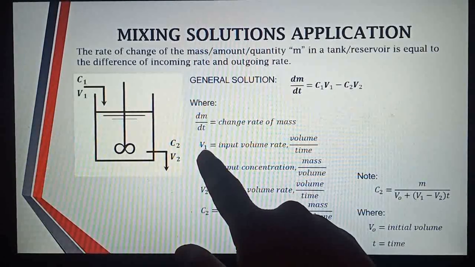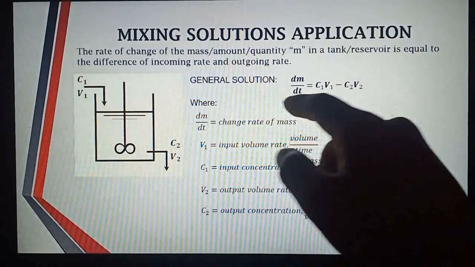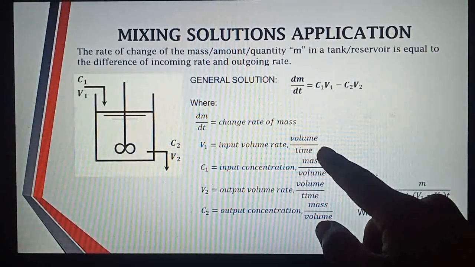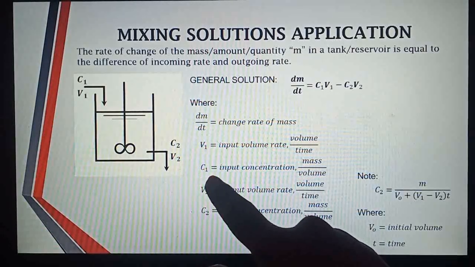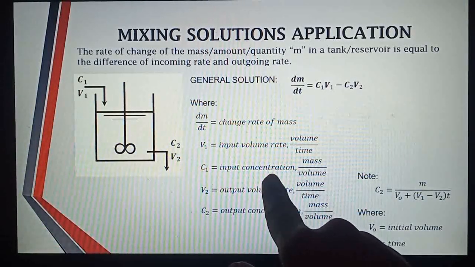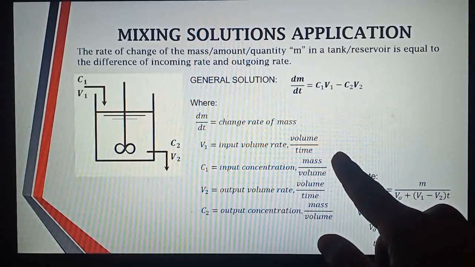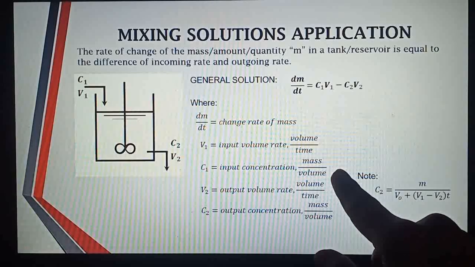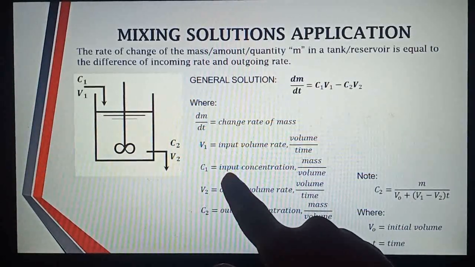Then V1 is what we call the input volume rate. When we say volume rate, that is volume per unit time, so 1 for the input. Then we have C1, the input concentration. Concentration is defined as mass per unit volume, so 1 also for the input.